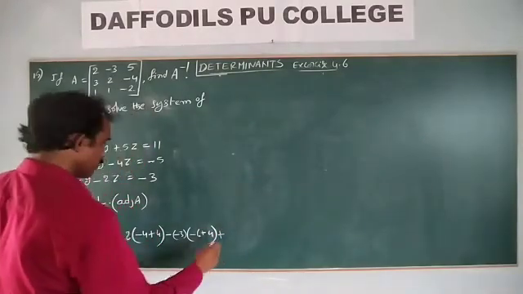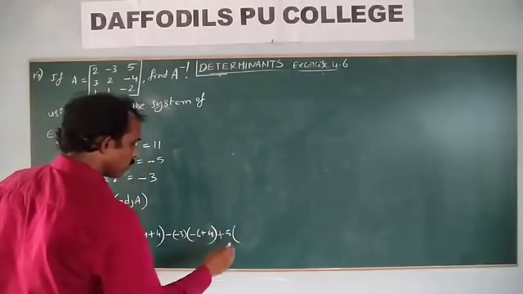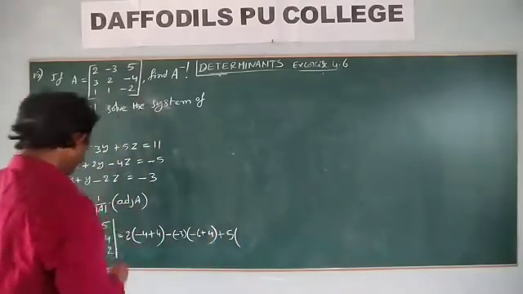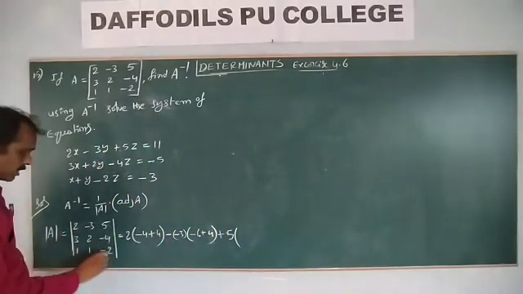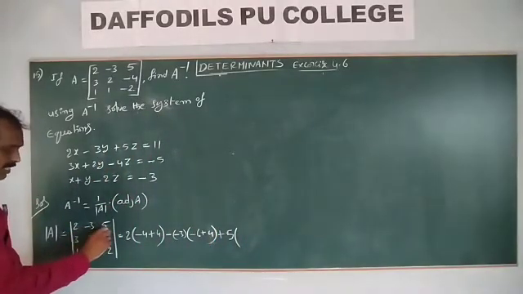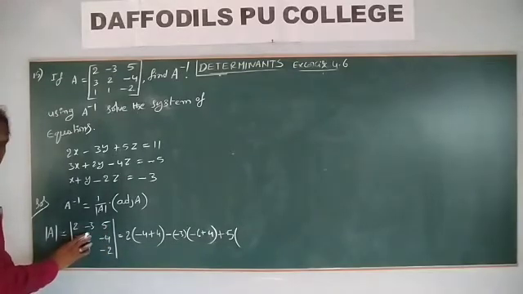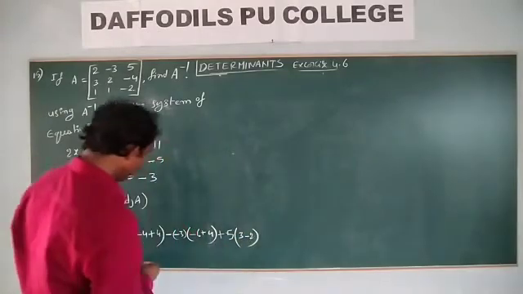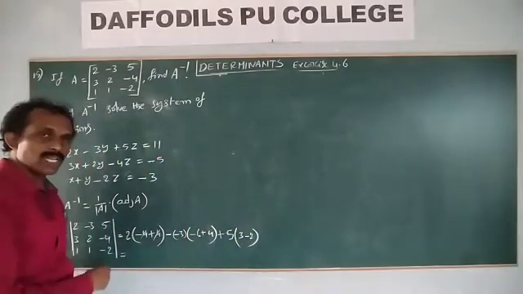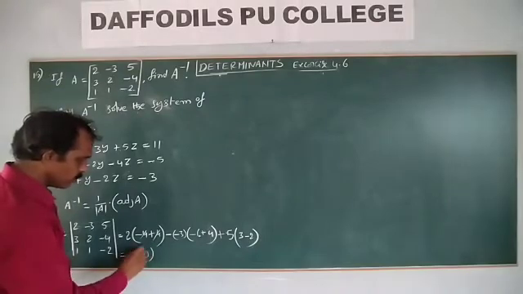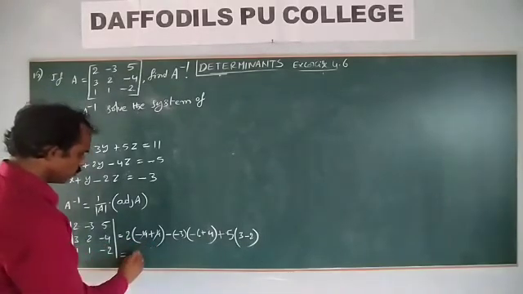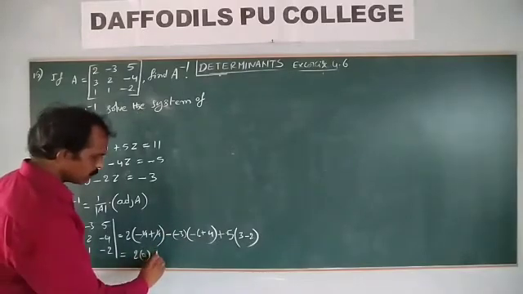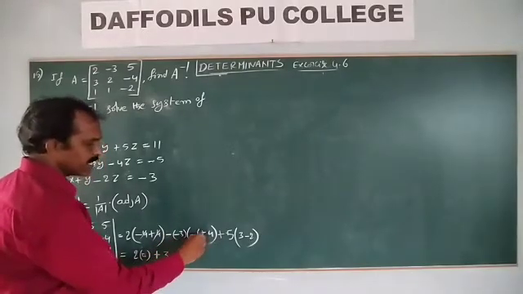Next, minus of minus 3, deleting this row and this column, gives minus 6 plus 4. Next plus 5, deleting this row and this column, remaining elements 3 2, 1 1, gives 3 minus 2. So 2 into 0, minus into minus plus 3 into minus 2.